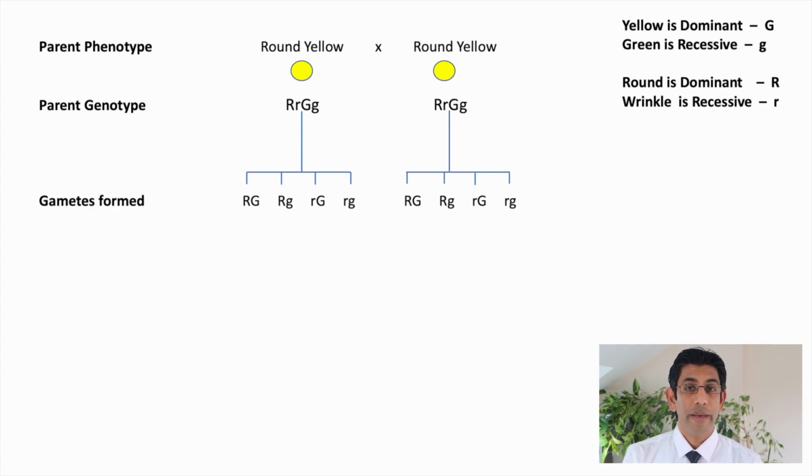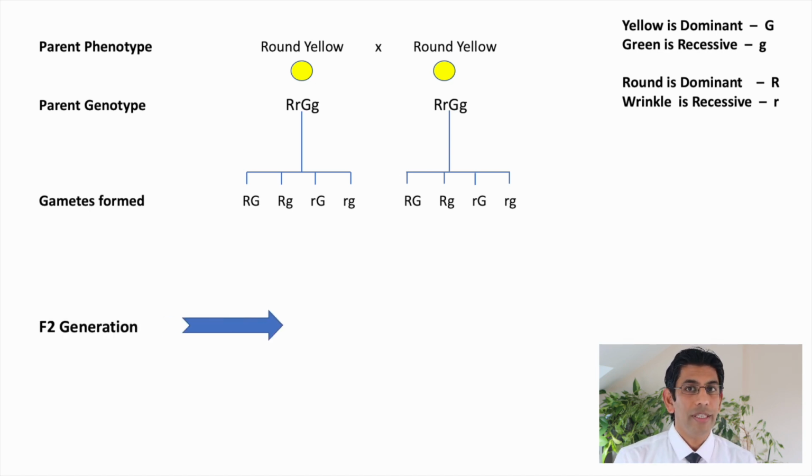The four different gametes are capital R, capital G; capital R, small g; small r, capital G; and small r, small g. Same from both parents. Since we have four different gametes, there are going to be lots of different combinations, and therefore to work out the F2 generation, we need a Punnett square.